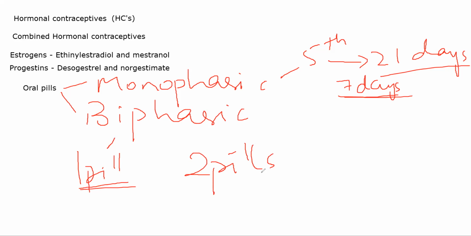If you miss more than two pills consecutively, stop taking the drugs altogether and start again in the new cycle. Okay, if while taking the drugs you miss more than two consecutive days, stop it altogether and restart on the fifth day of the next cycle. Okay, this is also started on fifth day.